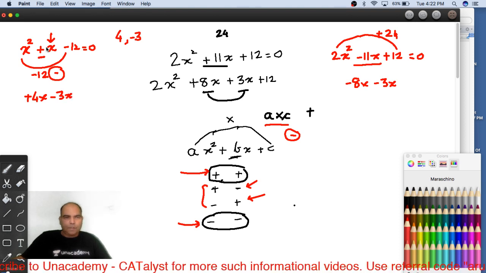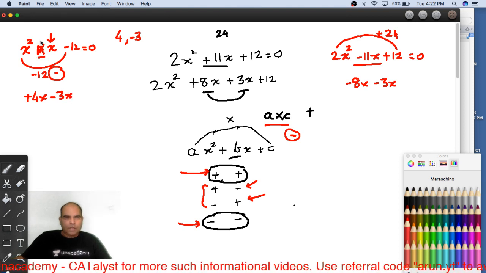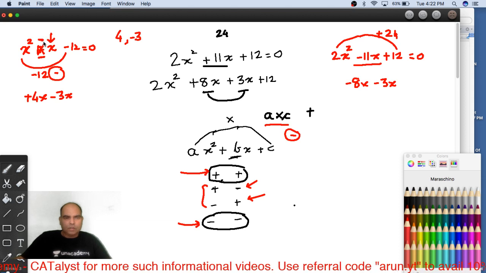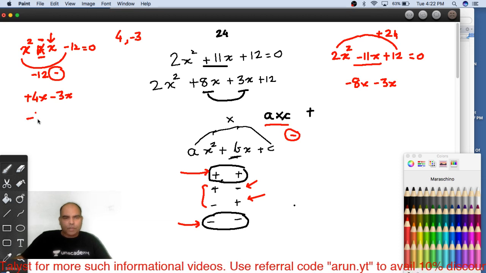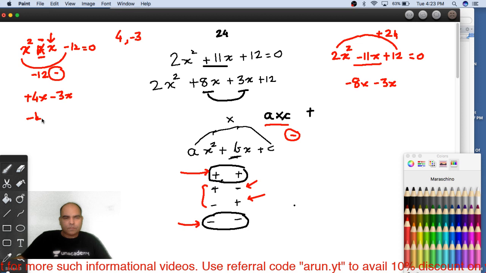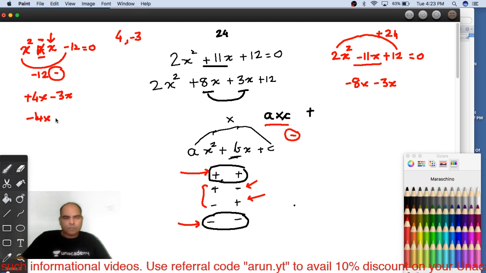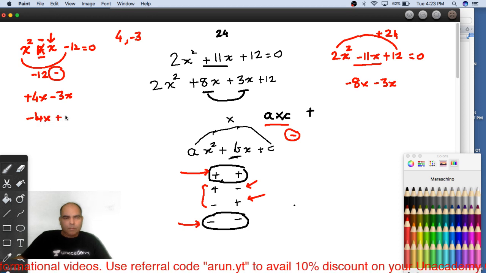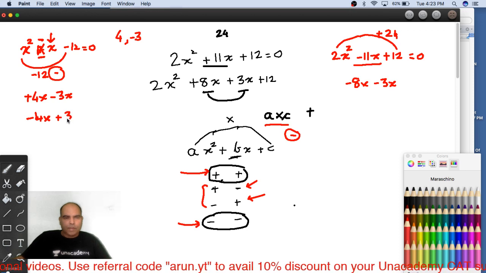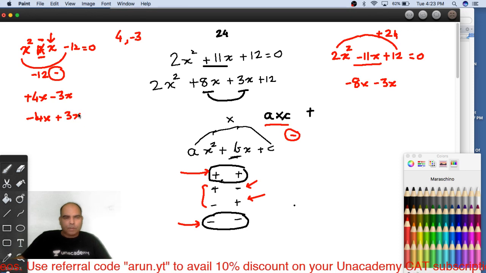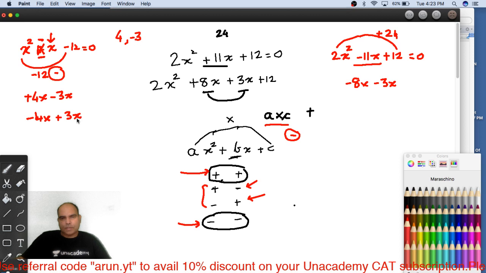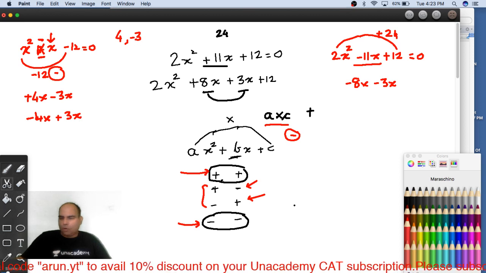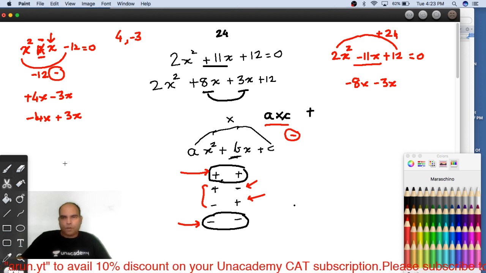If here in the middle there was a minus, x square minus x minus 12, then the middle split would be minus 4x plus 3x. Minus 4x plus 3x will give you minus x, plus 4x minus 3x will give you plus x. So this is how you think of middle term splits.